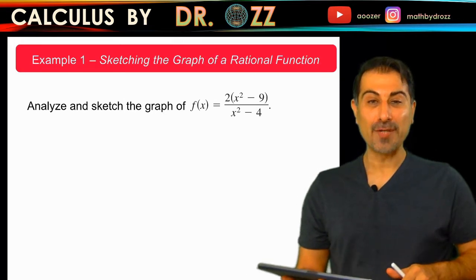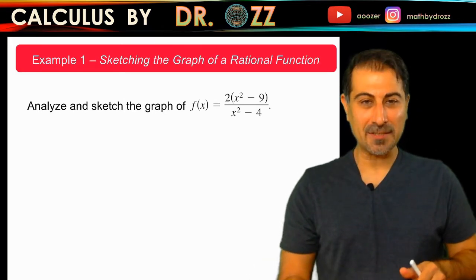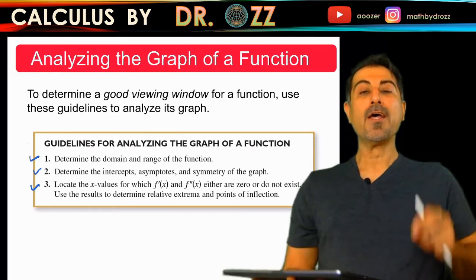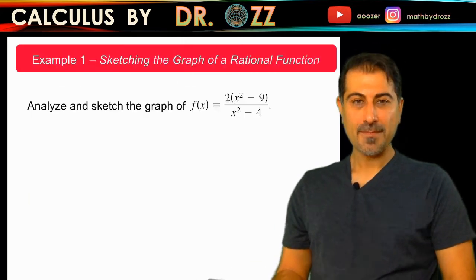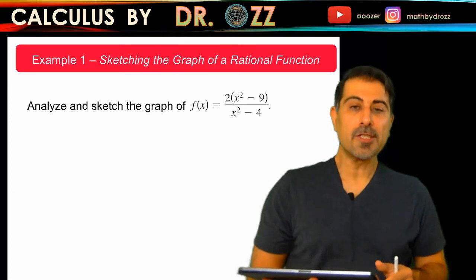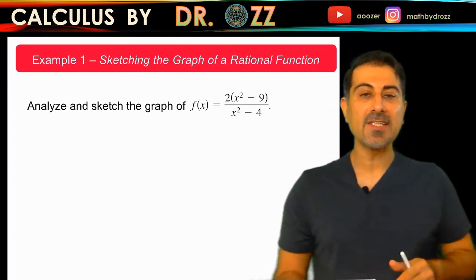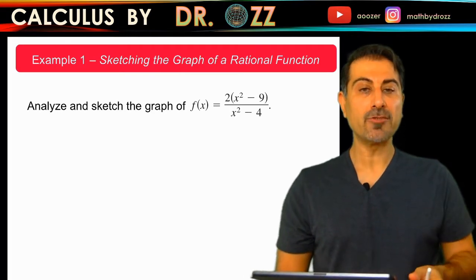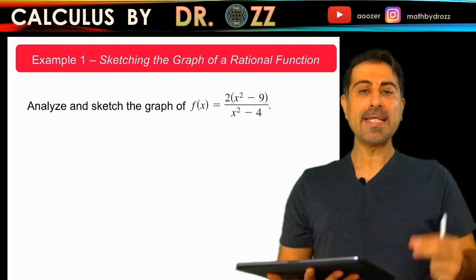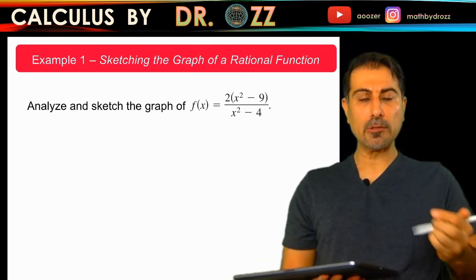In fact, we have a rational function to start with, and we're going to start with item number 1. We're going to look at the domain and the range of the function. For the domain of the function, we're just checking x's that make this function undefined. Since we have a rational function, whatever makes the bottom 0 should be ruled out.